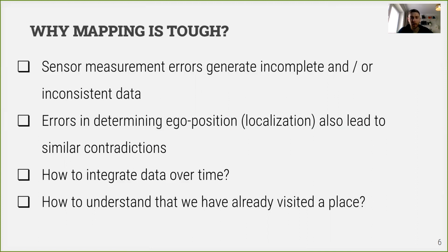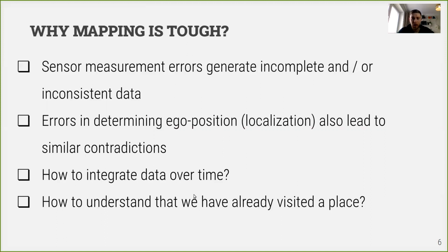Also, we know that ego position or localization is prone to errors, and we never can be 100% sure where we are. But to perform mapping, we have to know where we are, because putting something on the map means that we know where to draw it. So we know where we are, and we know where we perform a measurement.